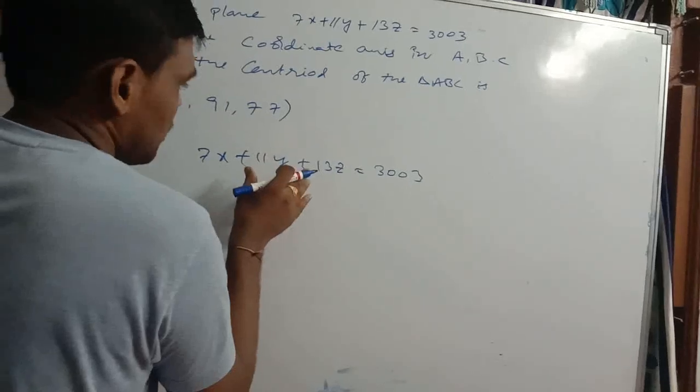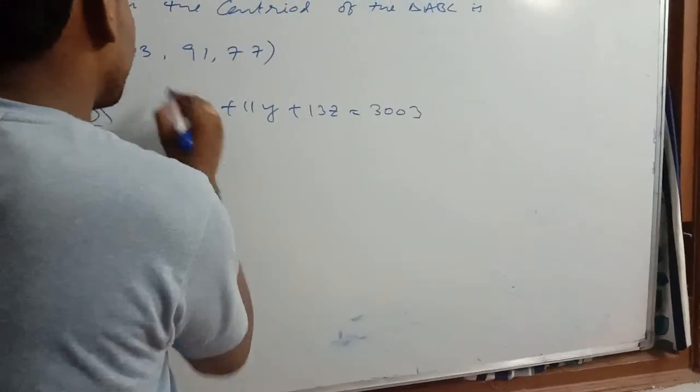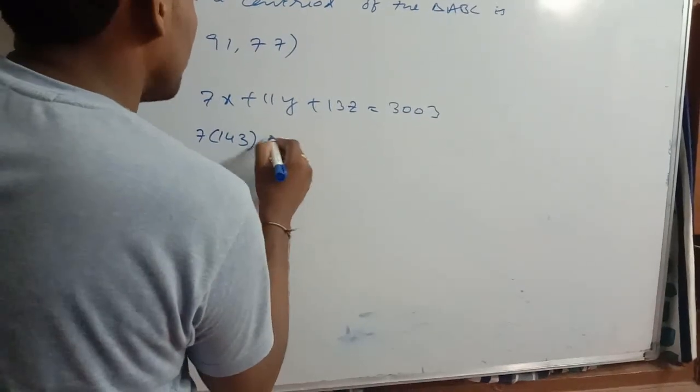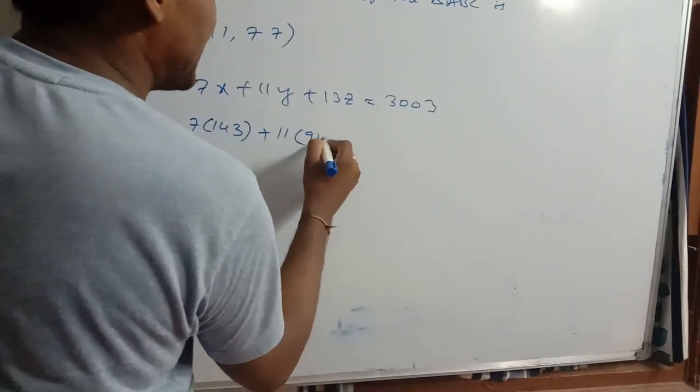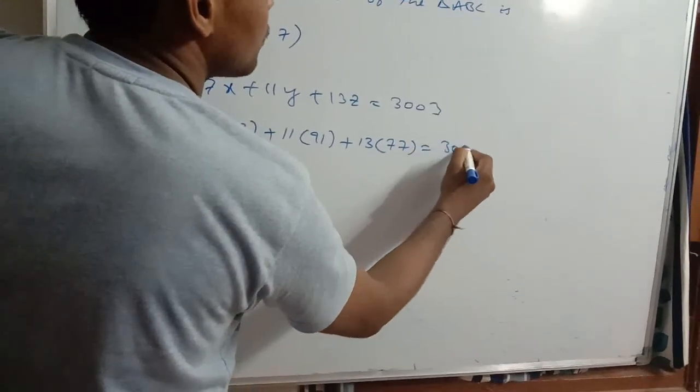Now verify that the plane contains this centroid. 7 into x, this is 143, plus 11 into 91, plus 13 into 77, is equal to 3003.